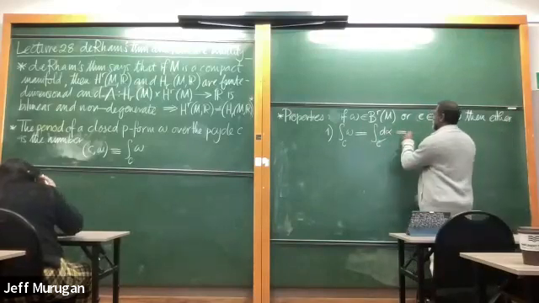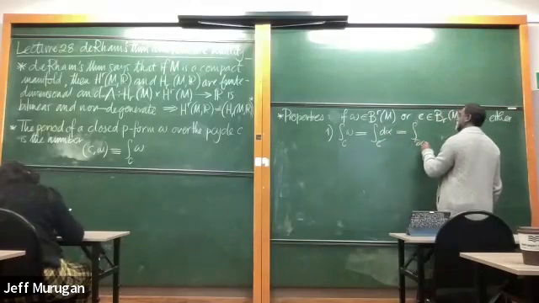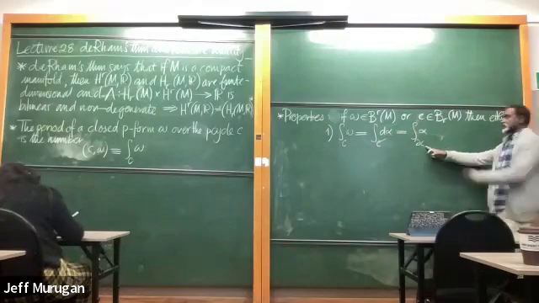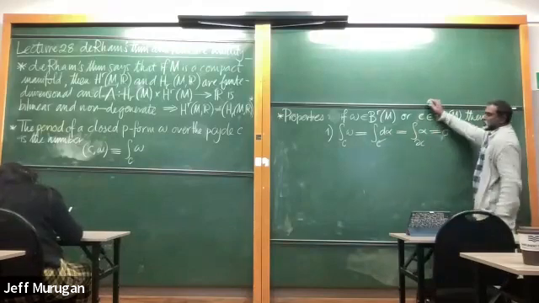And then by Stokes' theorem, this is the integral over dC of alpha, and since C is a cycle, that's 0.